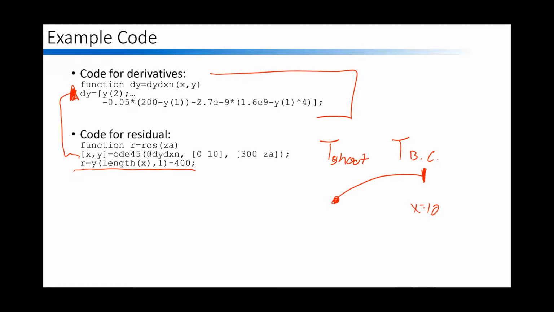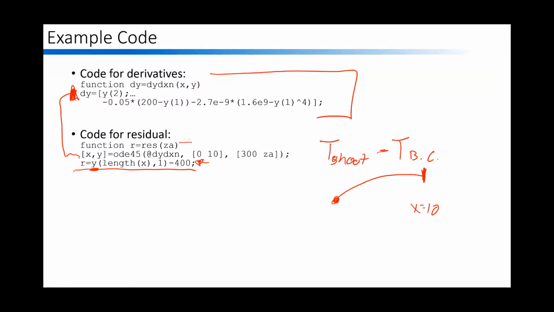Right, so I look at that value and I subtract off my boundary condition. Well, we should know, right? When I have the correct initial guess for ZA, that residual should be 0.